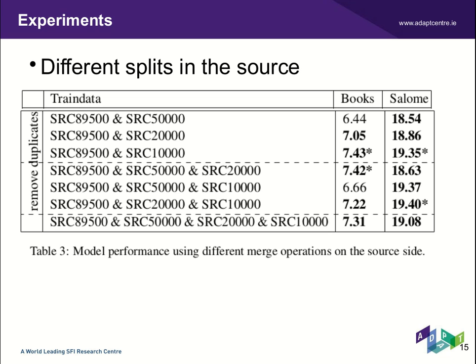So here we have the results again, and on the right we see that most of the scores are marked in bold. They are improvements over the baseline, and actually the results are similar to those of the previous experiments where the different splitting was on the target side.